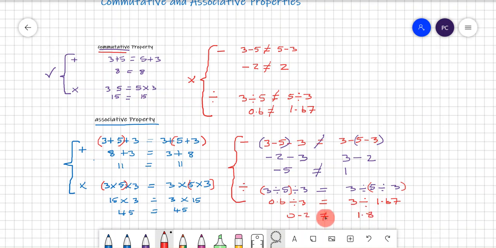So we can see that these are not equal to each other. So again, what we can say is that subtraction and division are not associative. Okay, so they're not associative.